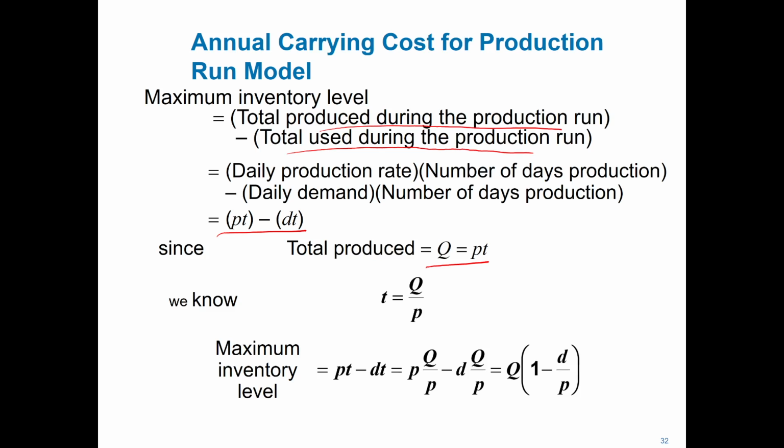So Q is equal to P into T, and from here we can also say T is equal to Q over P. In the maximum inventory level, PT minus DT, we replace T with Q over P, and finally what we get is this: maximum inventory level is equal to Q into 1 minus D over P.